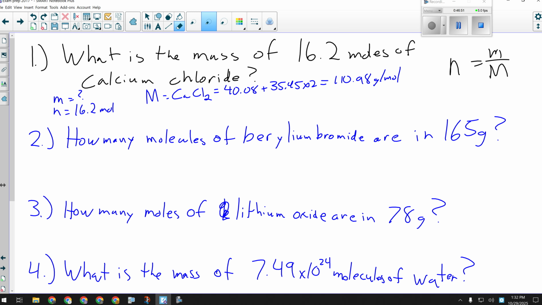Is my mental math right? So I've got these two numbers, n and big M. Mole equation is n equals little m over big M, but I'm trying to solve for little m, so I need to multiply both sides by big M to isolate the mass. Now that I've done that, it's big M, 110.98 grams per mole, times 16.2 moles. The moles will cancel, and I'll be left with grams.